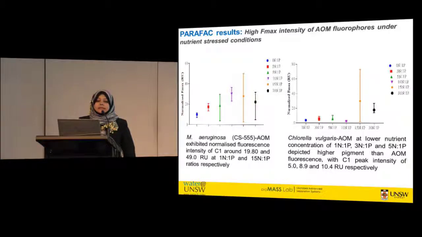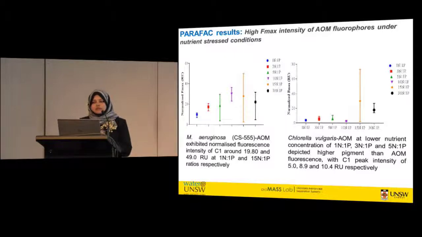And also the humic-like fluorescence, the terrestrial-like fluorescence, its concentration increased with increasing nitrogen-phosphorus ratios. So we observed that by varying these nitrogen-phosphorus ratios, there is a change in how the organic matter that's released is changing. And we also saw, when we compared the LC-OCD fractions, that the release of DOC was mainly building blocks as compared to the biopolymers.